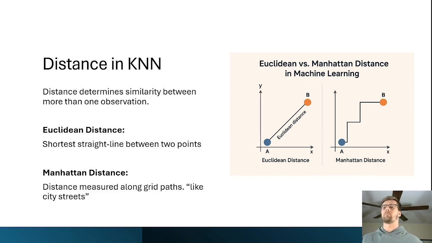Another commonly used metric is Manhattan distance. Instead of measuring the straight line path, Manhattan distance measures distance along a grid-like path, similar to how someone would travel along city blocks in Manhattan. Different distance metrics define similarity differently, and the choice of metric can influence how the KNN algorithm identifies its neighbors.